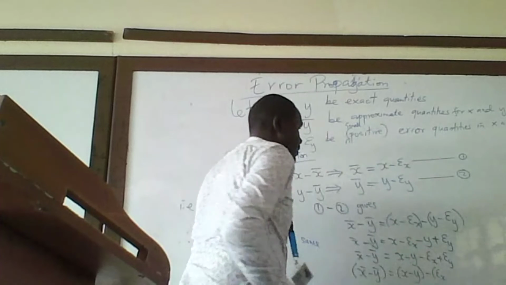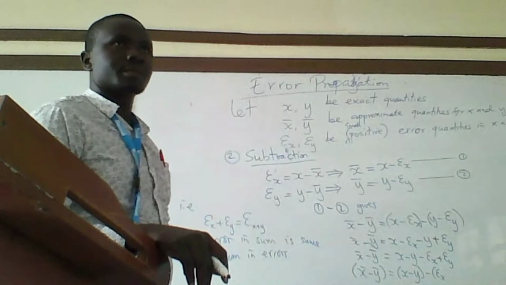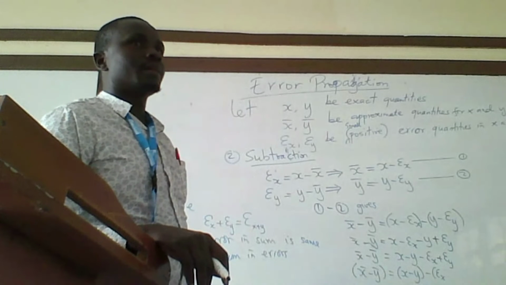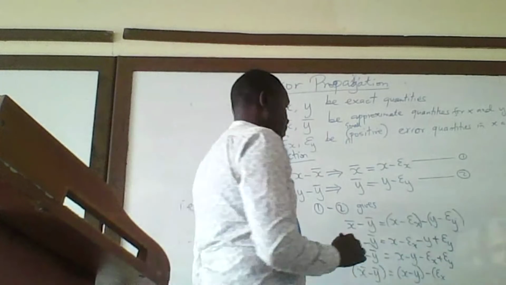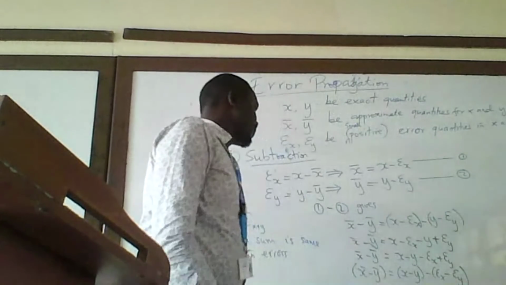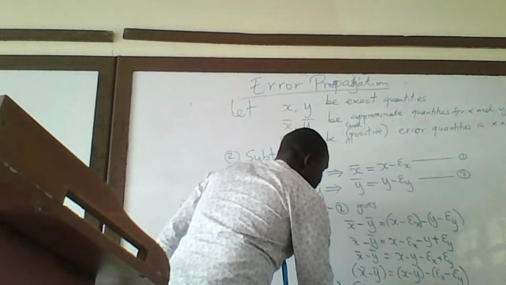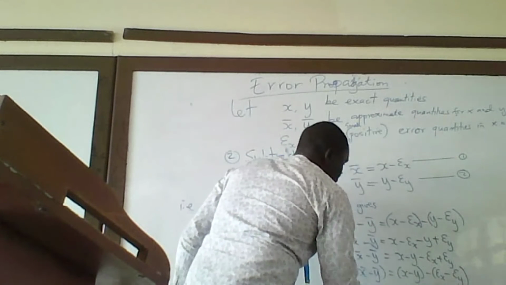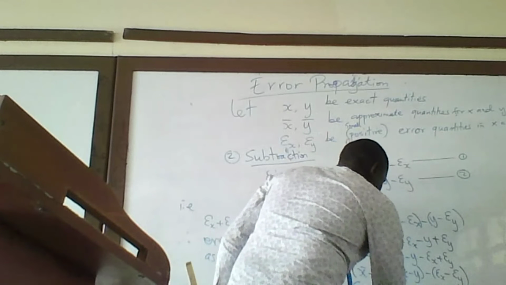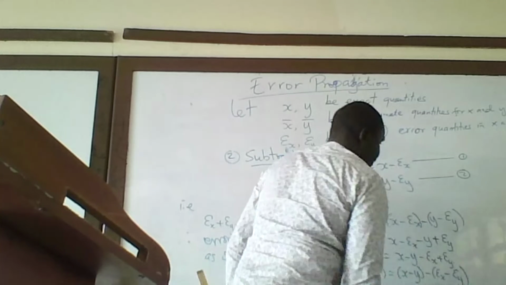If I factor out minus, what is the sign between error in x and error in y? Negative, so minus. Which you can also, in a similar manner, say error in x minus error in y equals x minus y minus bar x minus bar y.